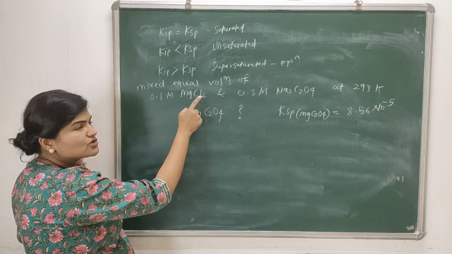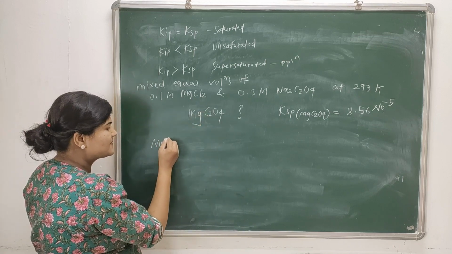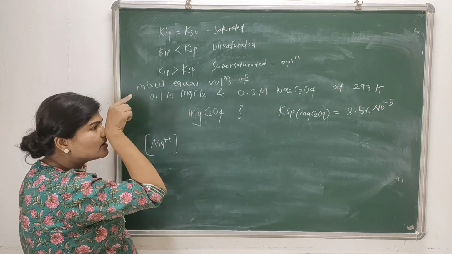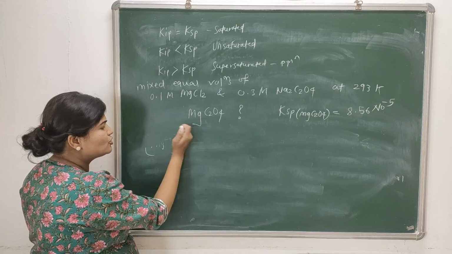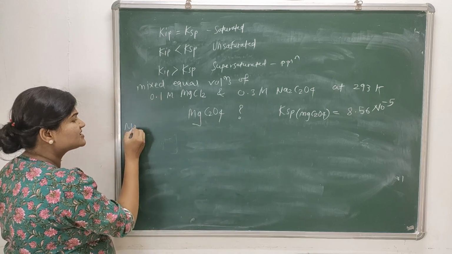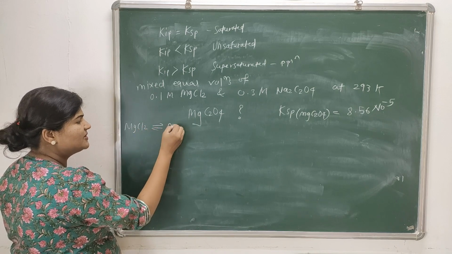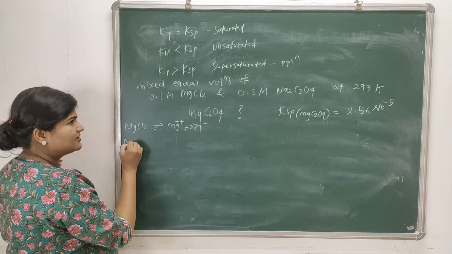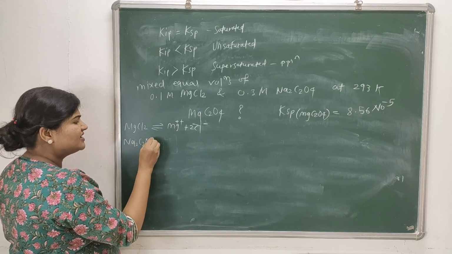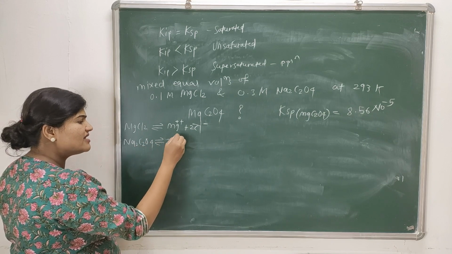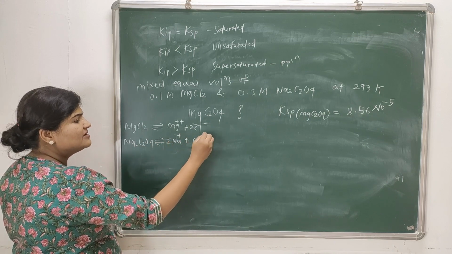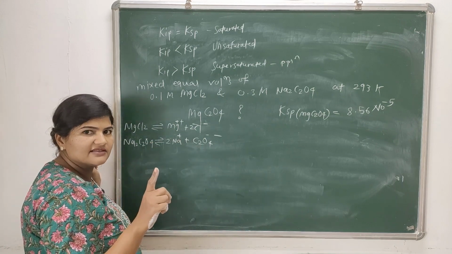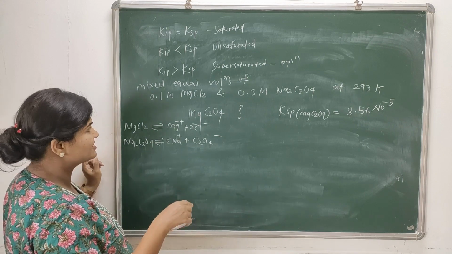Magnesium chloride is going to give us magnesium ions, right? And magnesium ions will be formed with the stoichiometric coefficient 1. I will write it for your convenience. Magnesium chloride will give me magnesium ions plus 2 chloride ions, and sodium oxalate will give me 2 sodium ions plus oxalate ion, meaning Mg2+ and C2O4 2-, they have 1 as the coefficient, so they do not have any coefficient for that matter.